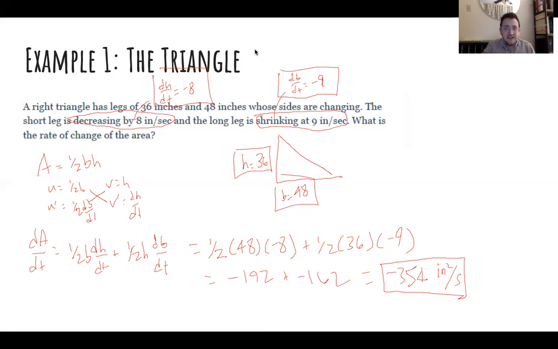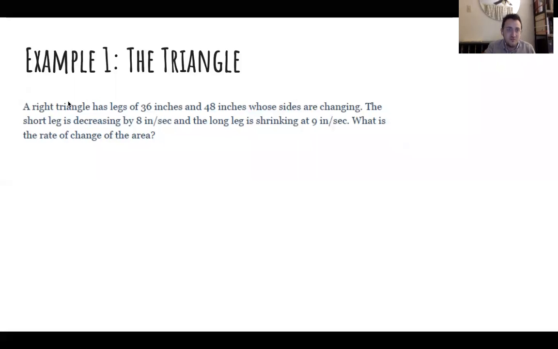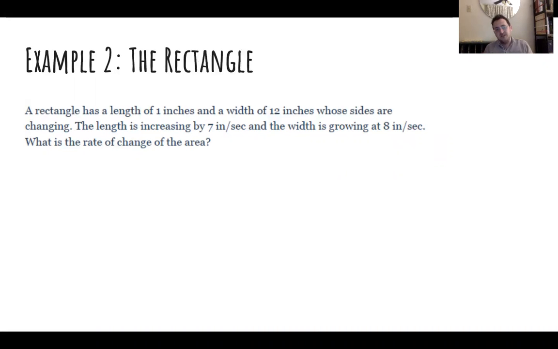All right, let's look at another example. Let's go to a rectangle. A rectangle has a length of 1 inch and a width of 12. So I'm just going to draw this rectangle. So L equals 1, W equals 12. We could give one of my geometry students next period that problem and they would be able to do it.